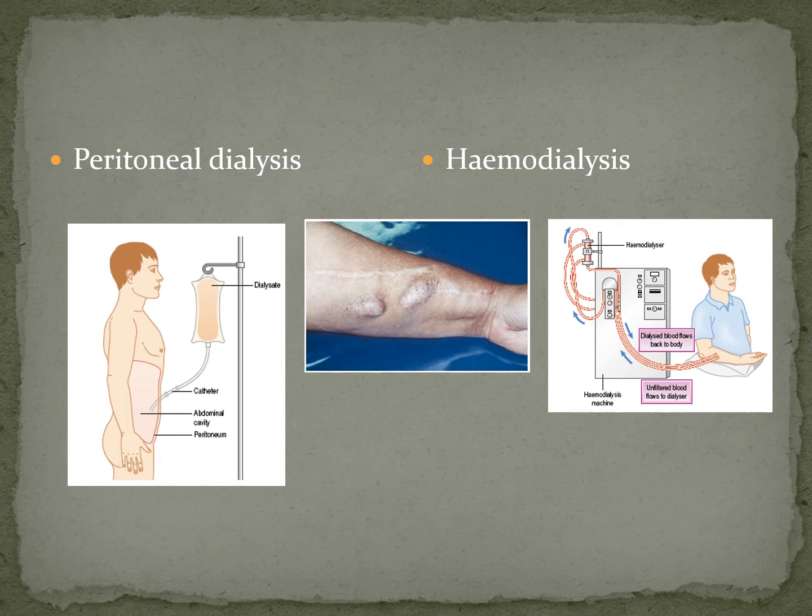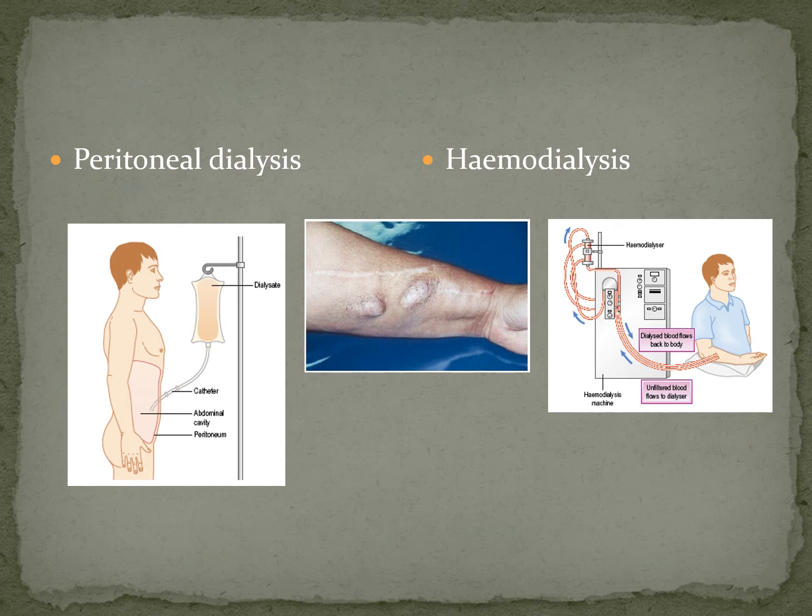So how does it work? They will take the blood from the artery and pass it to the dialysis machine. There will be a pressure monitor and a pump, and we will add an anticoagulant. Why do we use the anticoagulant? When you take the blood out of the blood vessels, we use an anticoagulant like heparin, otherwise the blood will clot.